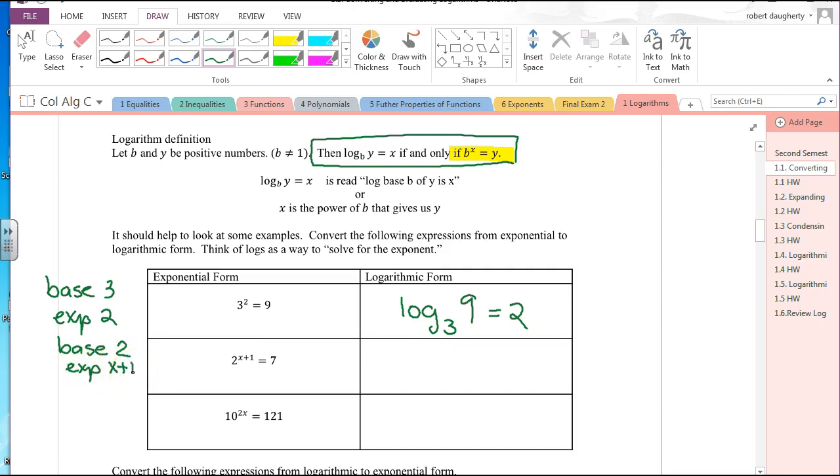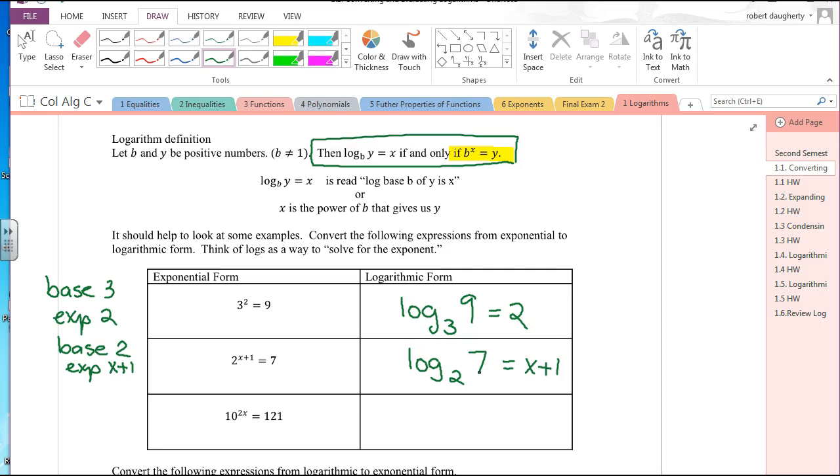Log base what? Log base 2. Where will I write my exponent? Other side of the equal sign, all by itself goes x plus 1. What's the only number I haven't written? 7. Log base 2 of 7 is x plus 1. This means that 2 to the x plus 1 equals 7.